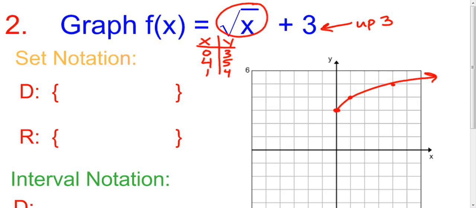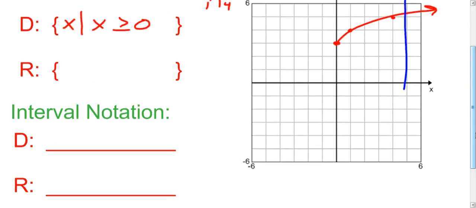So my domain now, if you draw your vertical line, I start touching the graph when my x value is 0, and I go all the way to infinity. So my domain would be the set of all x such that x is greater than or equal to 0. Or in interval notation, I can go from 0 to positive infinity.